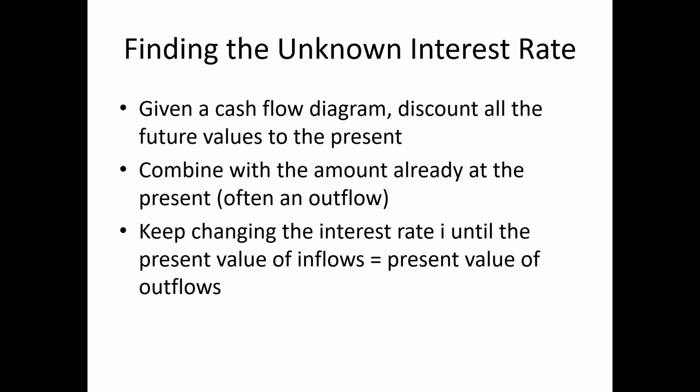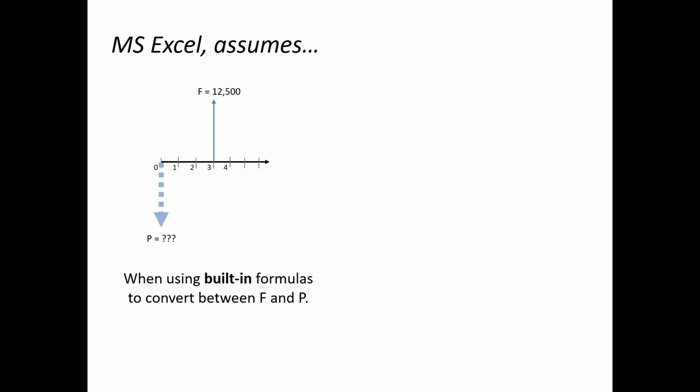If you're trying to solve for an unknown I, you just start with a guess. And you'd combine it with the amount that's already at the present. Oftentimes that's the lump sum outflow, the expenditure that you incur to purchase a piece of equipment. And then you'd keep changing your guess value of I until there's balance between the inflow and the outflows. So that's the computational process that we'll go through when we start up Excel.